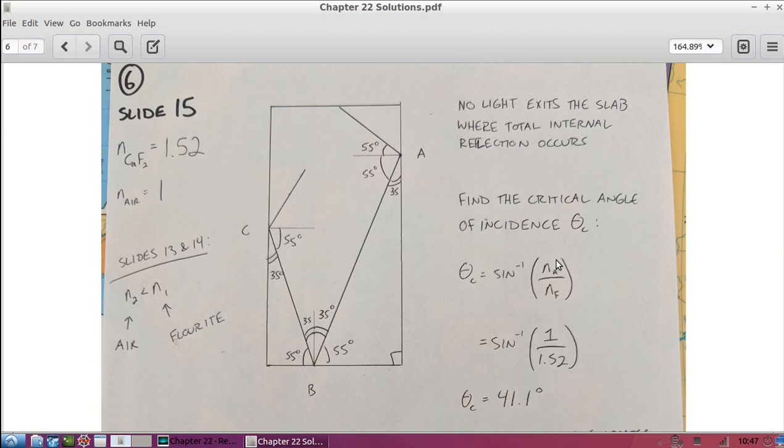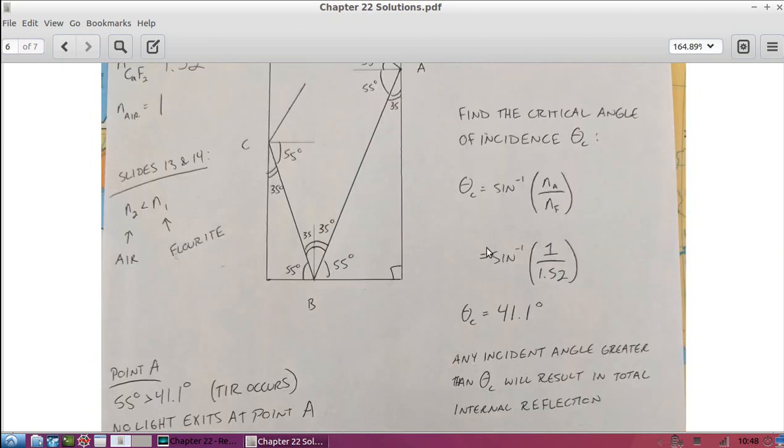So real quick, I'm going to take the inverse sine of the index of refraction for fluorite, 1.52, divided by air. And I get a domain error. Right? I can't take the inverse sine of anything greater than 1. So that's a good indicator that you got your indices of refraction backwards if you get an error when you calculate your critical angle.